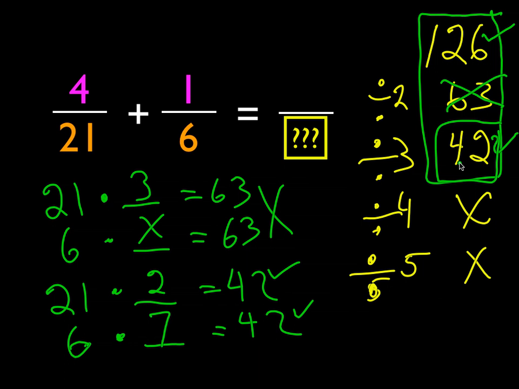Okay? So now another thing, just before I erase this, is we also have figured out the number 2 and the number 7, what we have to multiply top and bottom. So this one we got to multiply by 2, because 21 times what equals 42? Well, we needed that number anyways, because that's the number we put here, right? And then 6 times what equals 42? Well, that's this number. 6 times 7 equals 42.